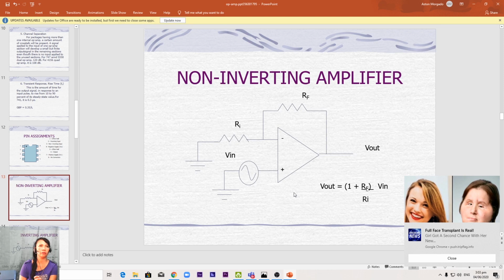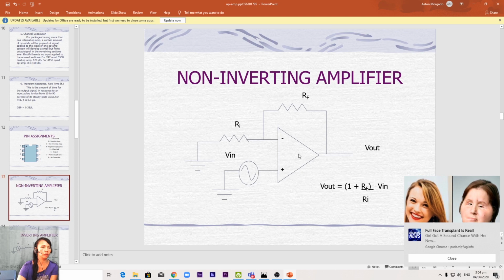So we have here the symbol for the op-amp. You have a triangle, you have an output, and take note you have two inputs: a non-inverting input and an inverting input. From the previous slide, non-inverting is pin 3 and inverting is pin 2, and the output is taken across pin 6.